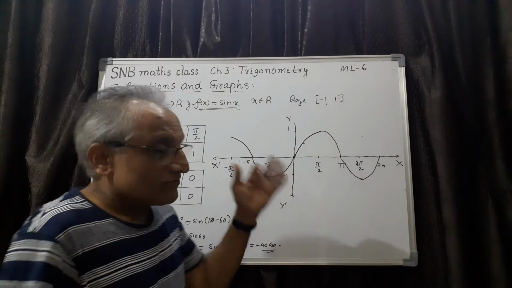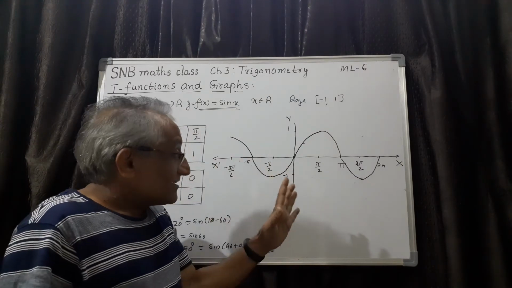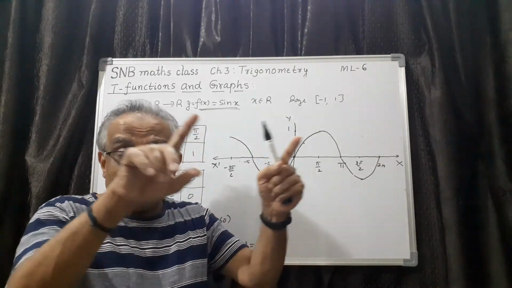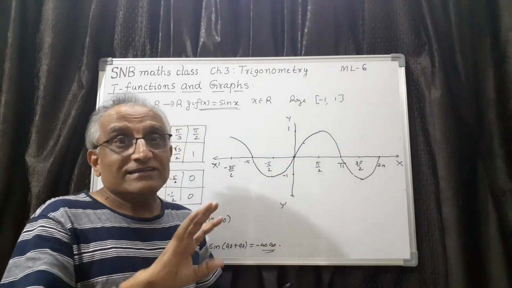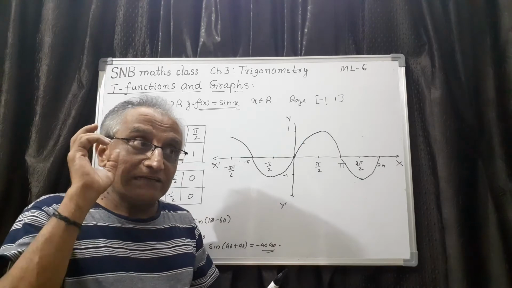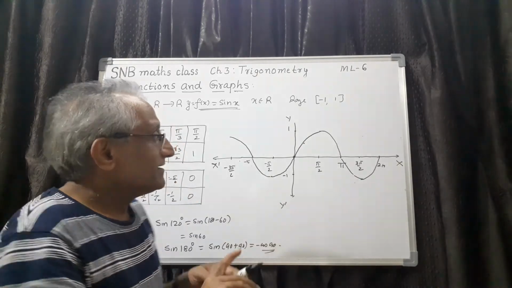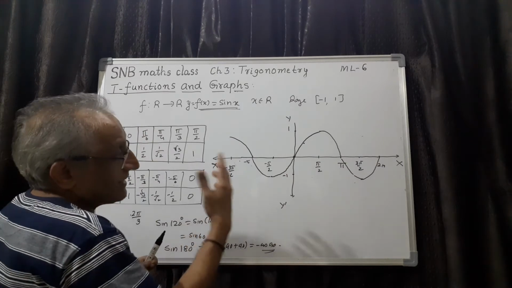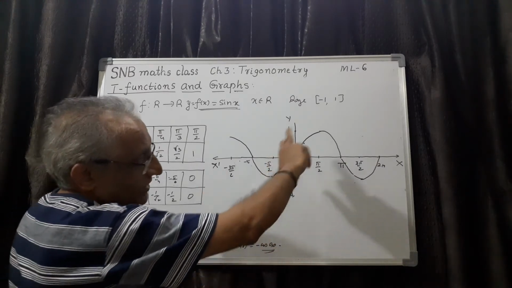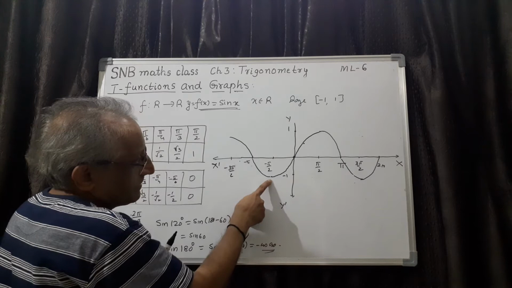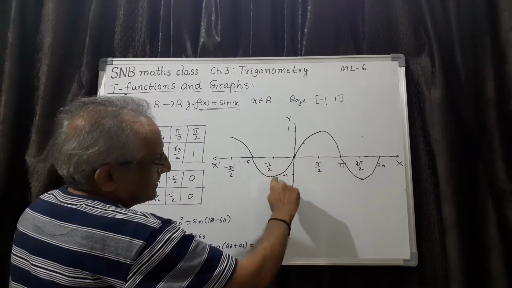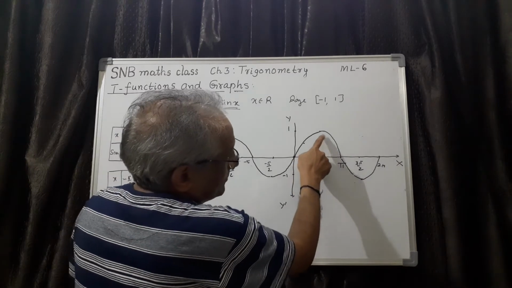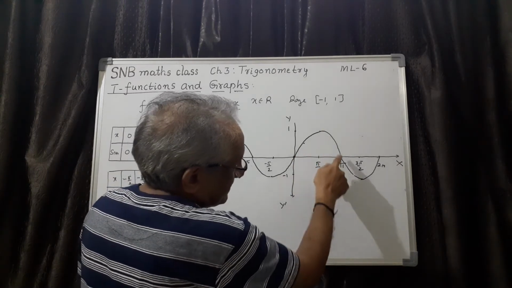So it's a very beautiful graph. Once you draw the graph, you can also understand it. In the textbook they have given a very big table. Don't worry about memorizing increasing and decreasing functions, that is not necessary. Just remember this graph, you can understand it yourself. Where it is increasing, it should go like this. For example, from minus pi by 2 to pi by 2, it is increasing. Then from pi by 2 to 3 pi by 2, decreasing.